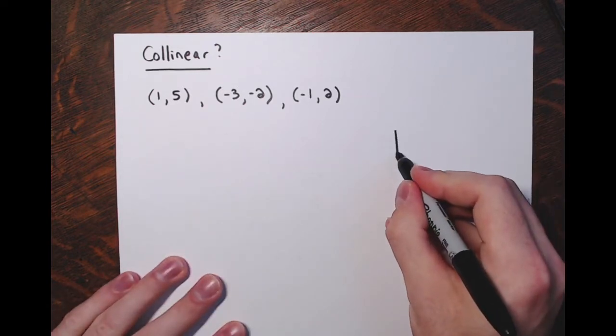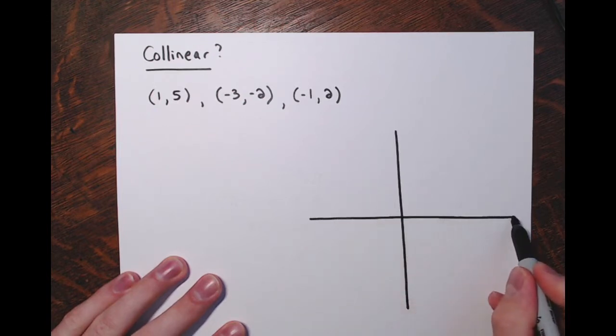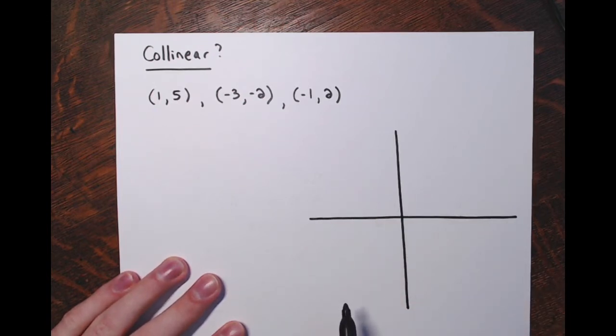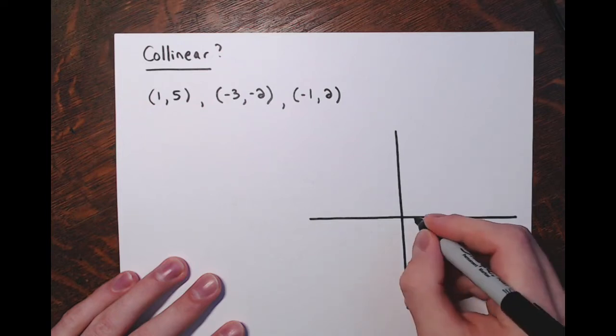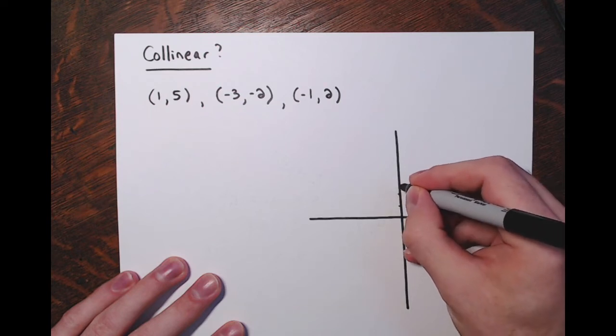Now, you could do some investigation work, some exploring. This isn't going to be perfect because I'm doing this by hand, but I'm going to try to make all my notches as evenly spaced as possible. So you've got the point 1, 5, so there's 1 unit and then 5 units up.